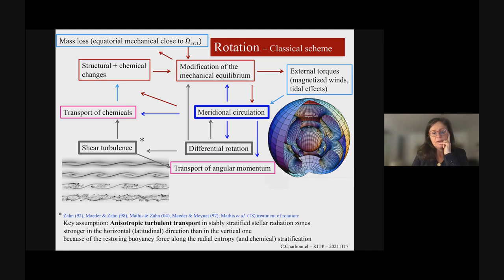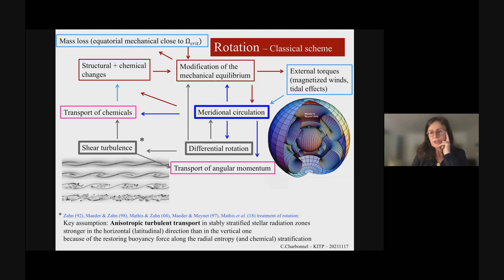There have been different ways of treating that, and the Zahn and collaborators way makes the following assumption. This is the treatment that I'm going to discuss now. I'm going to show you some models where this treatment is accounted for in different codes.